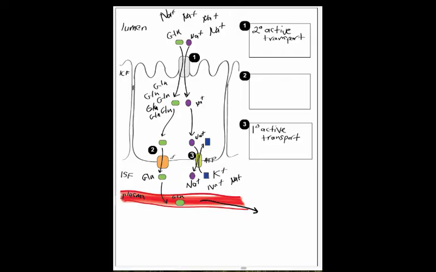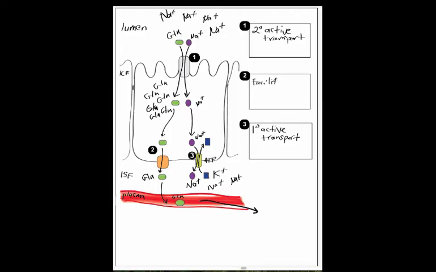And in this step 2 here, we have facilitated diffusion happening because a transport protein, or carrier protein, is necessary, because the glucose is not soluble in the plasma membrane. So at step 2, we'll call this facilitated diffusion.